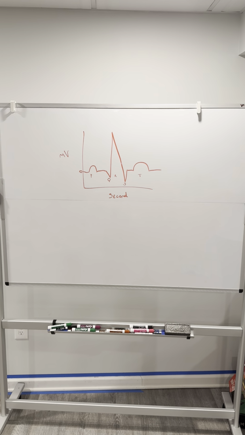So one cardiac cycle will have the contraction or systole and relaxation or diastole of both the left and right atria, and then it will be quickly followed by the systole and diastole of the ventricles. So there's a lot of things happening, these electrical events that are shown here.